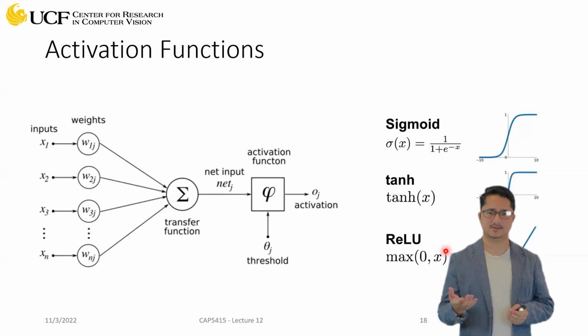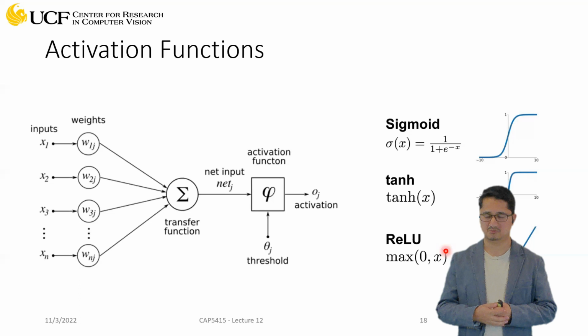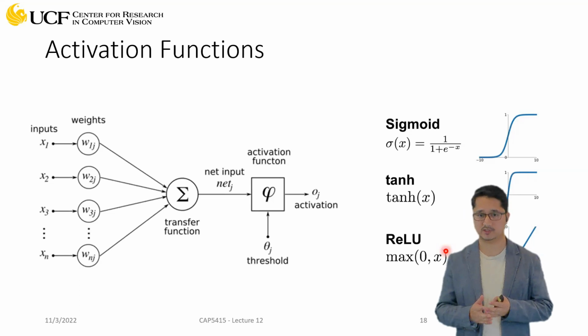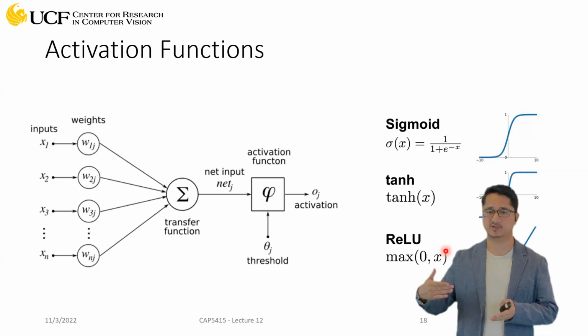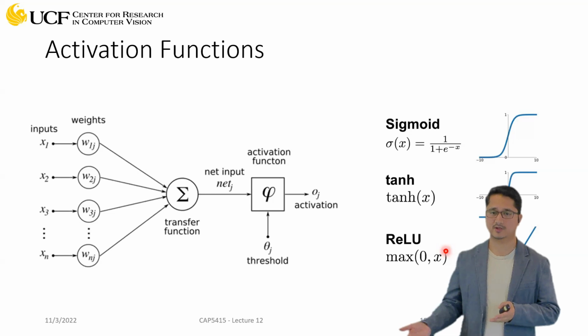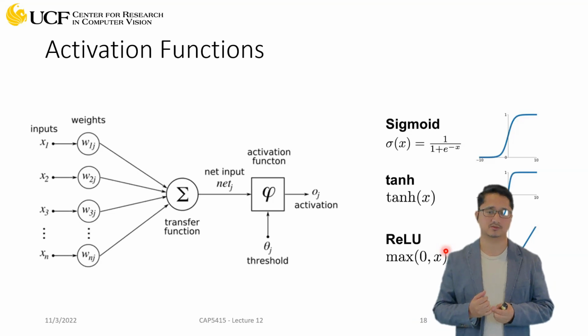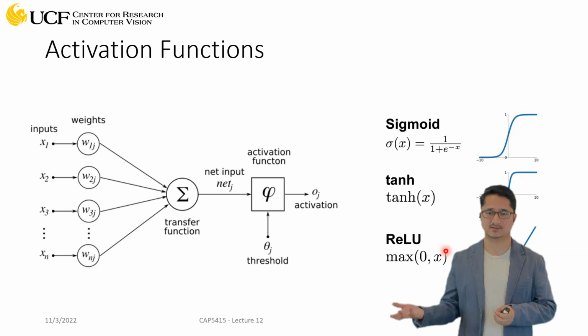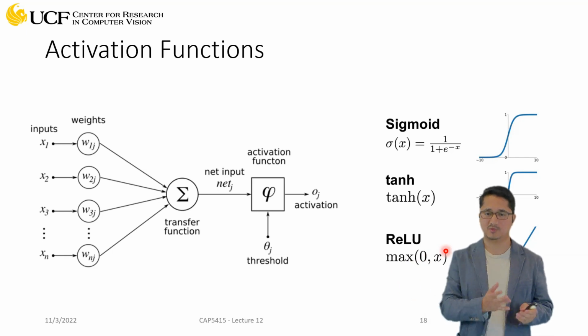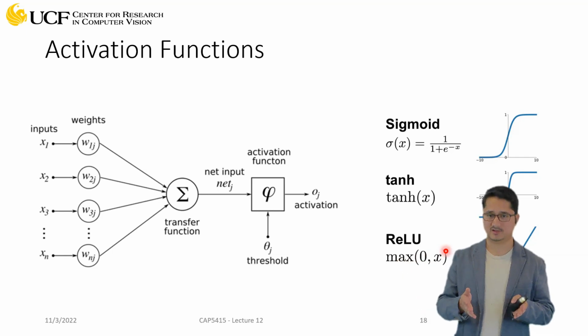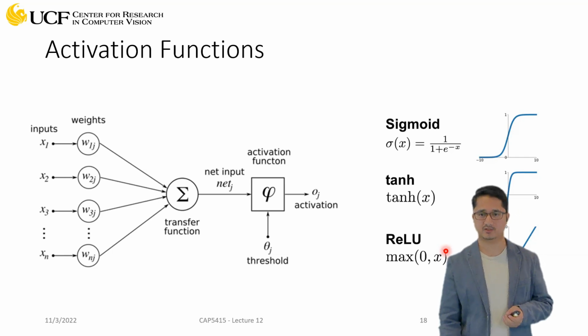For example, let's say you get a value of 10, you can say, okay, 10 seems like a positive number, so this class might be present. But what if in the next run you get a value of 1,000? Then how will you compare those two? And if you get, let's say, 100,000, then compared to 100,000, 10 is nothing, right? So in that sense, ReLU might not be that useful.